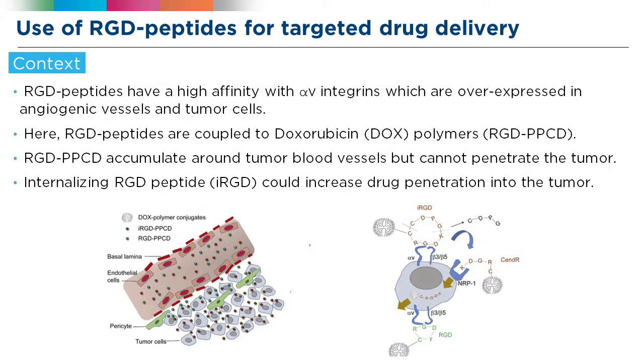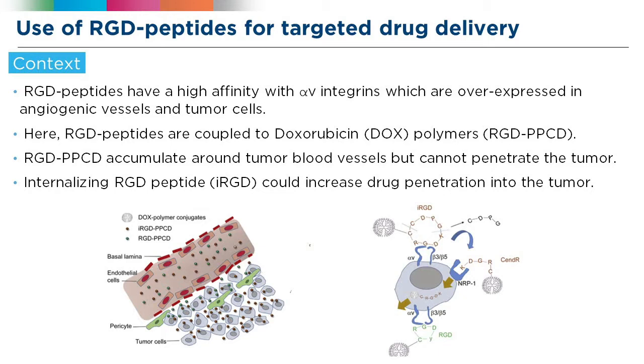RGD stands for arginine, glycine, and aspartic acid. And it has been shown that these peptides have a very high affinity with alpha-V integrins. And these integrins are overexpressed in angiogenic vessels and in tumor cells.